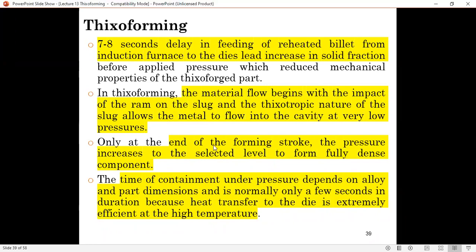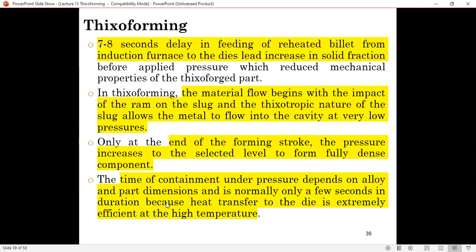At the end of the forming stroke, the pressure increases to the selected level to form fully dense components. So only at the end of the stroke does the pressure increase, to make sure you have a fully dense component. The time of containment under pressure depends on the alloy and part dimensions, and it's normally only a few seconds.